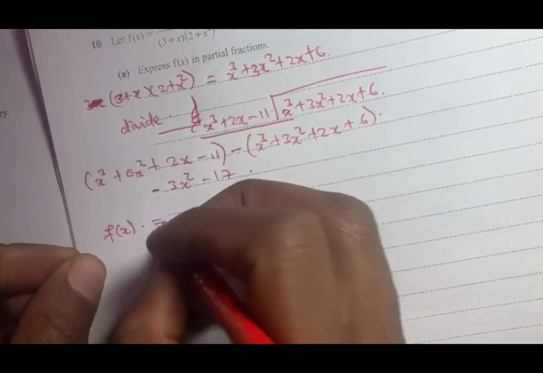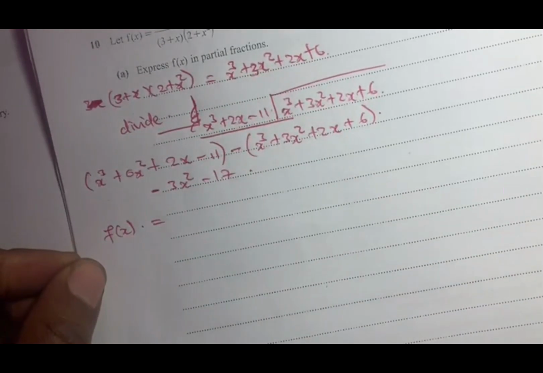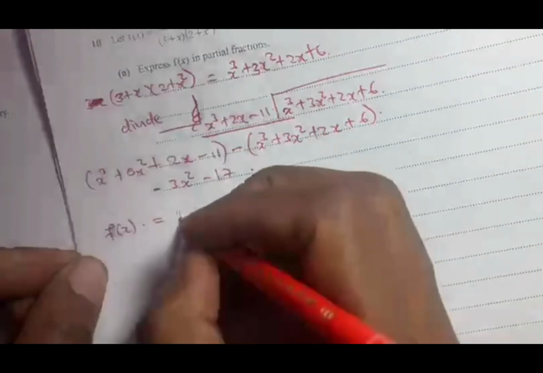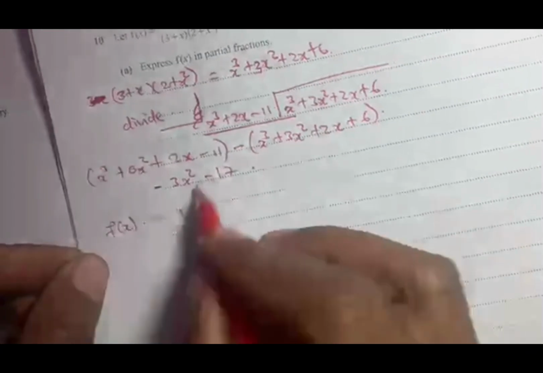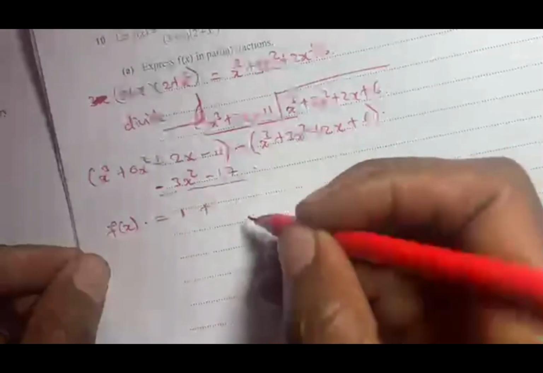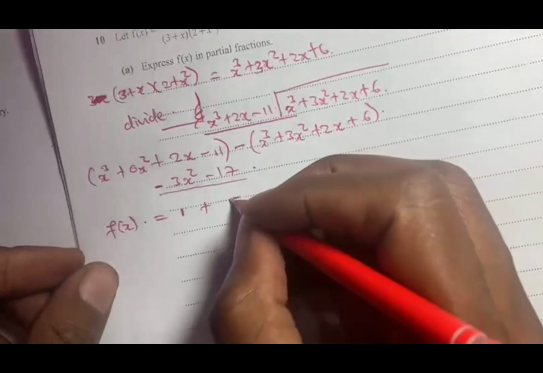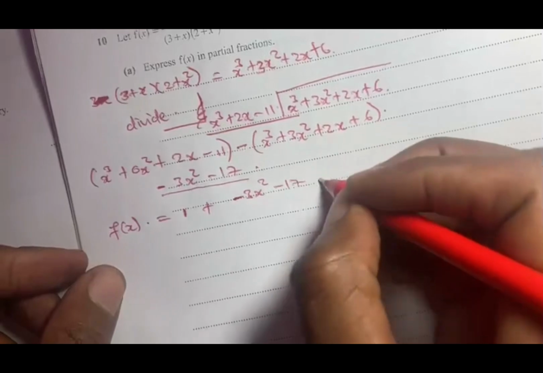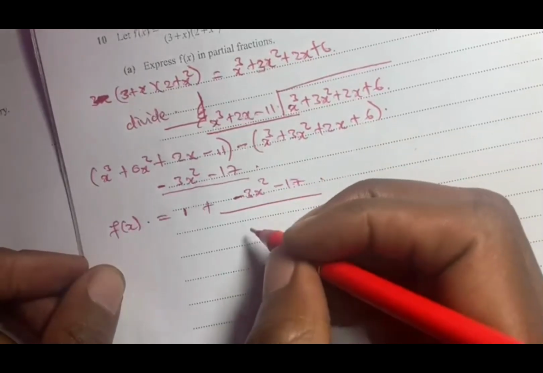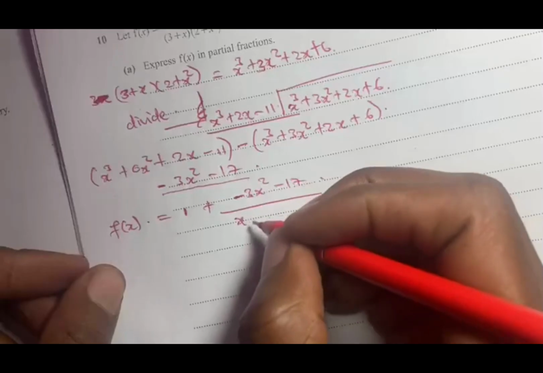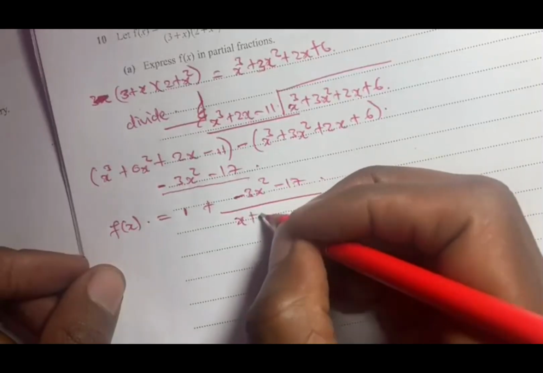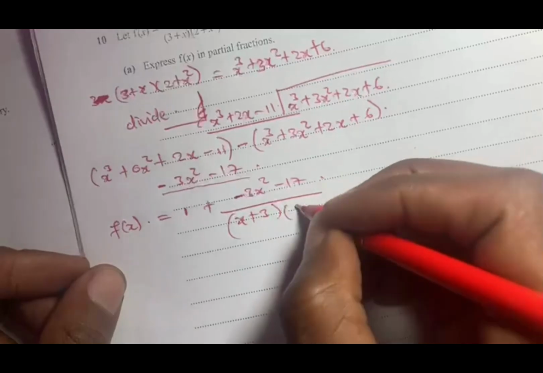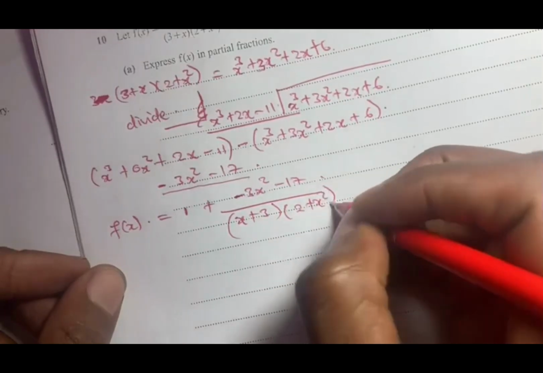It will be f of x is equivalent to 1 plus this function that I got here, minus 3x squared minus 17 all over x plus 3 times x squared plus 2.